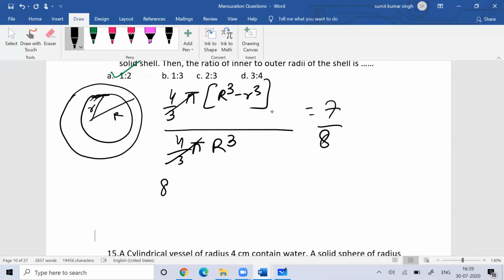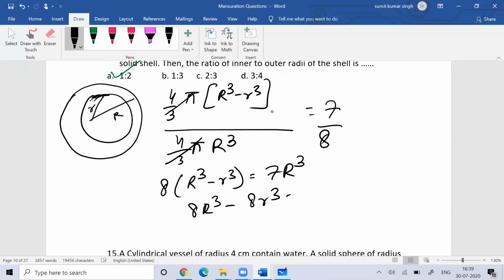So I can write 8 into capital R cube minus small r cube is equal to 7 capital R cube. So I can write 8 capital R cube minus 8 small r cube is equal to 7 capital R cube. So capital R cube is equal to 8 small r cube.